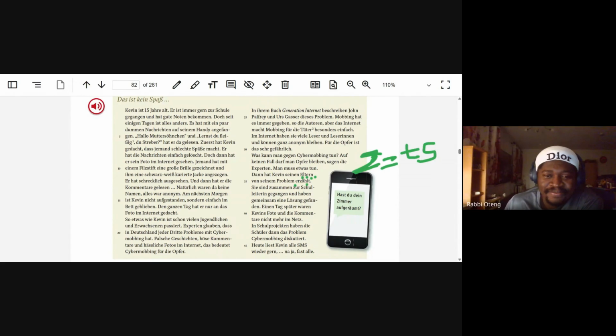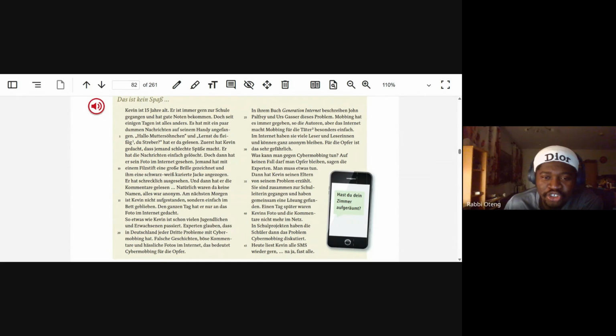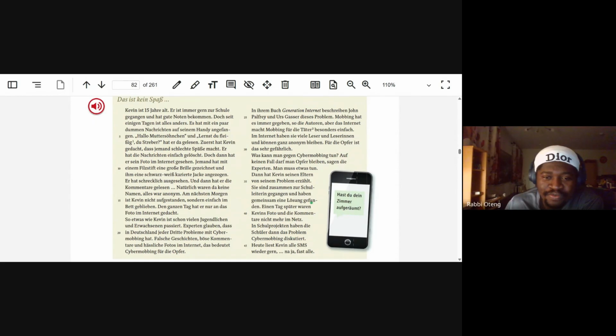Sie sind zusammen zur Schulleiterin gegangen und haben gemeinsam eine Lösung gefunden.